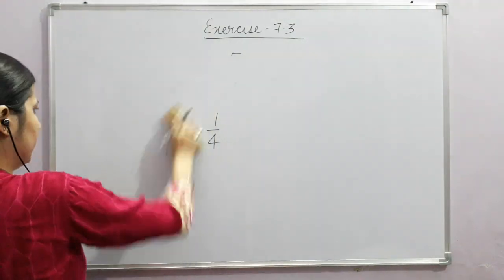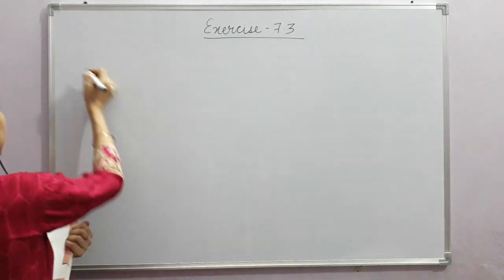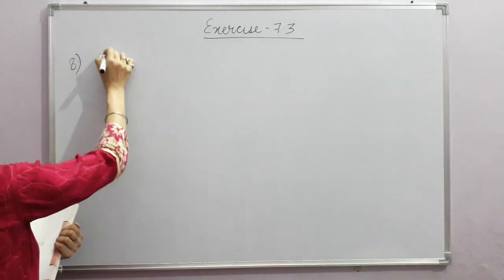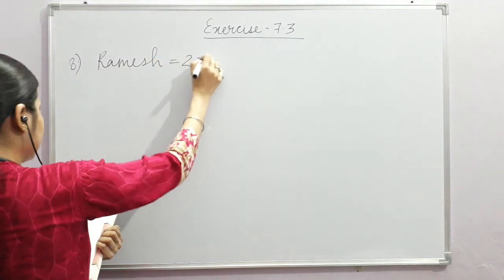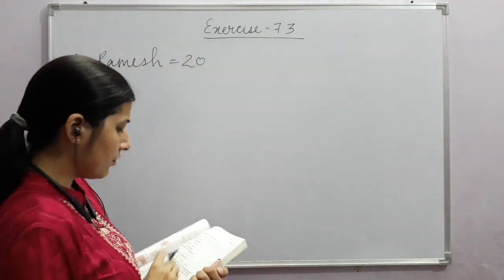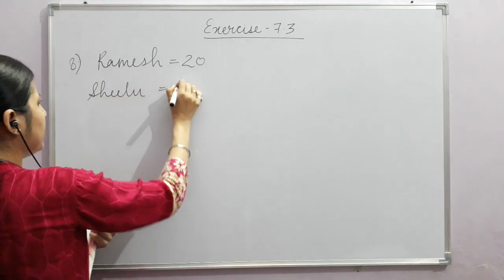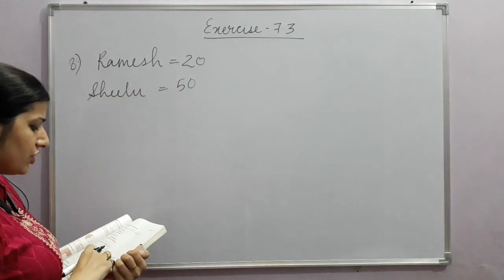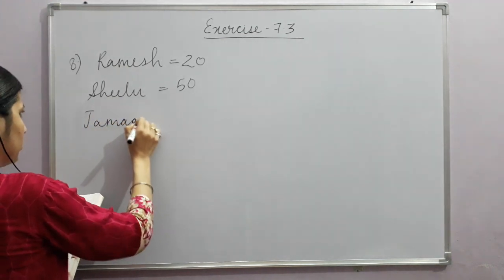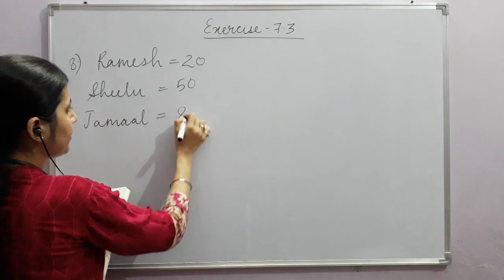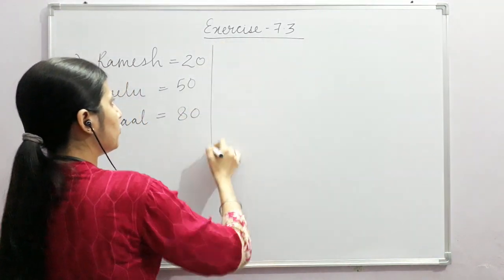That is a word problem. Ramesh had 20 pencils. Sheelu had 50 pencils and Jamal had 80 pencils. Whatever is given in the question, we have written it here.